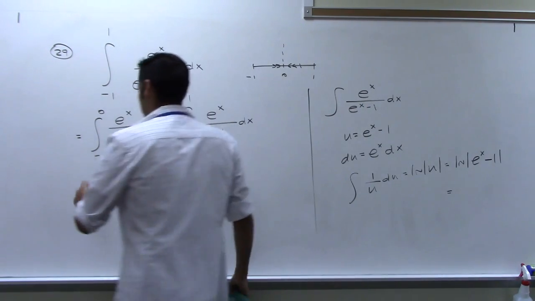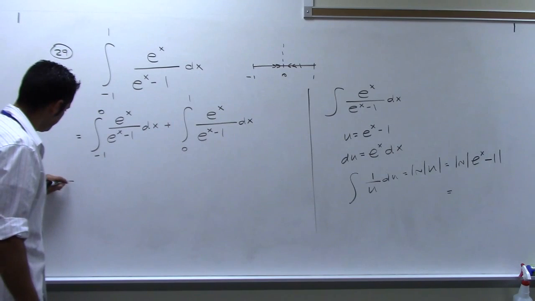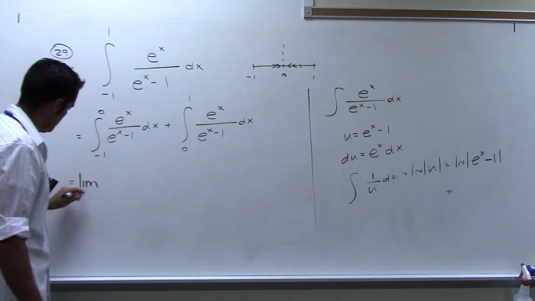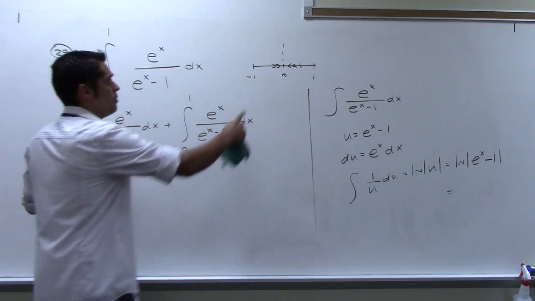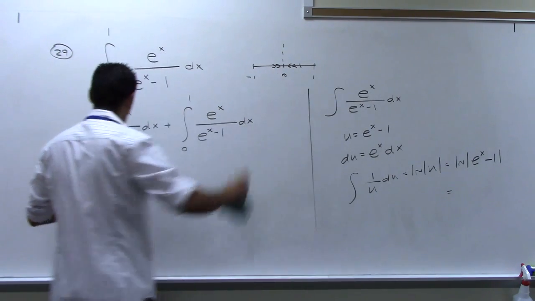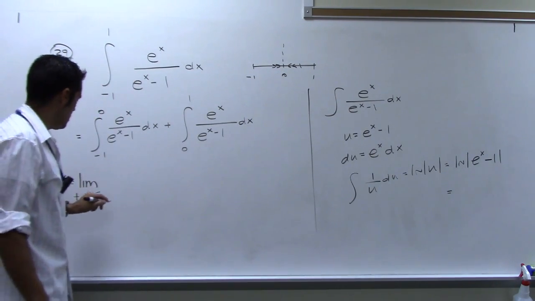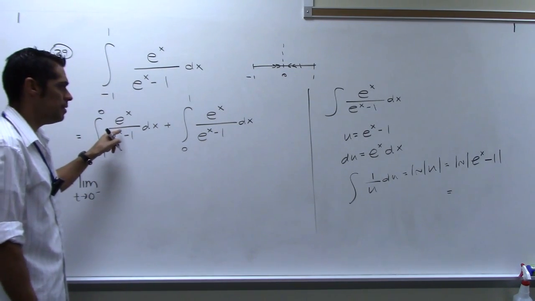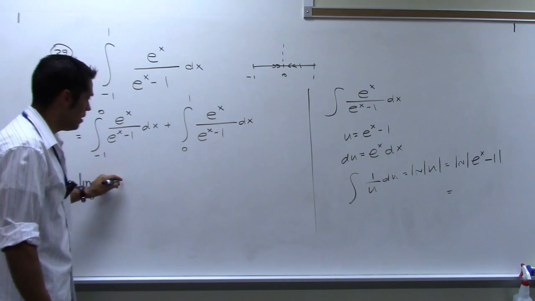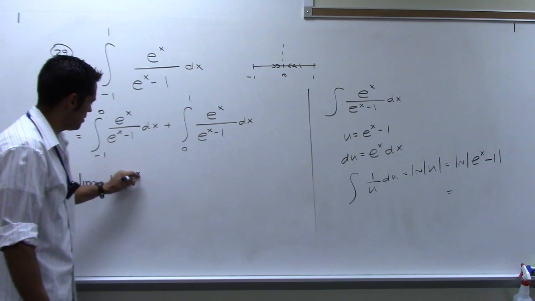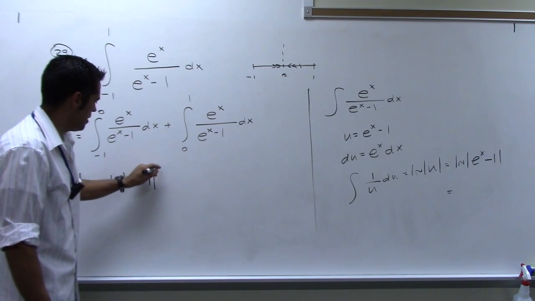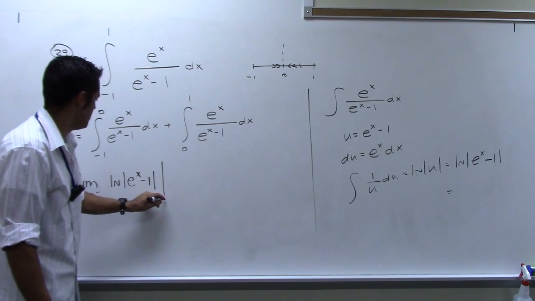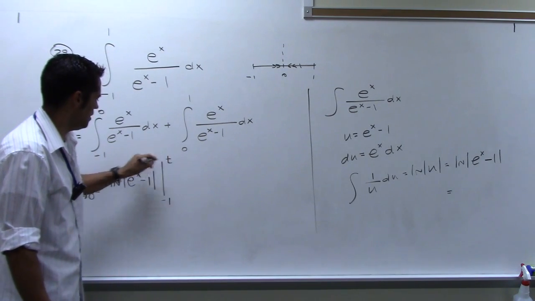All right, so we got limit t goes to 0, and I'm on this integral, so I'm over here. I'm going to be approaching 0 from the left of the antiderivative of this, which is natural log, absolute value of e to the x minus 1, evaluated from negative 1 to t.